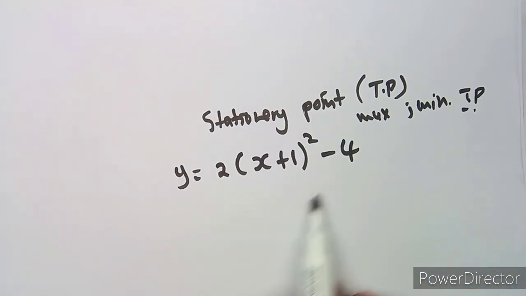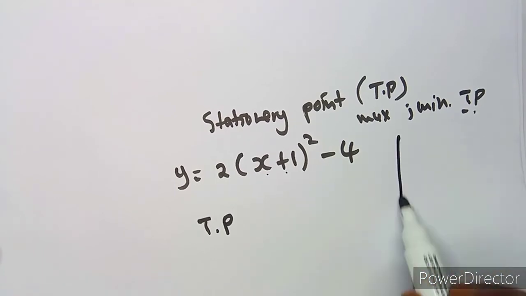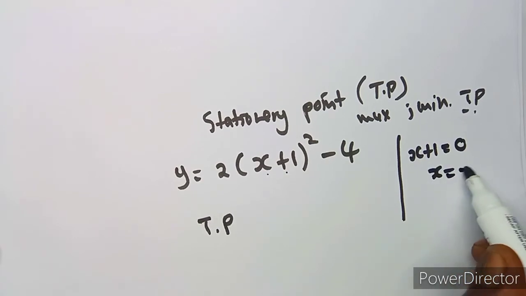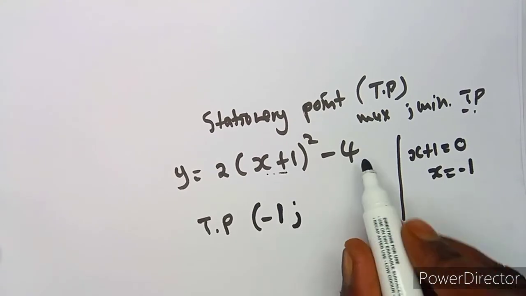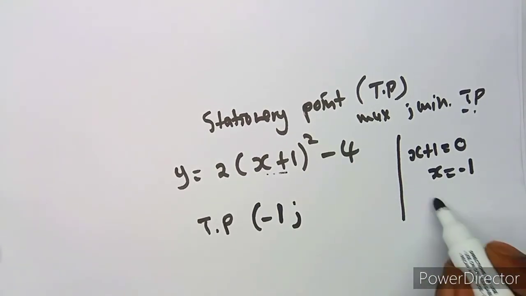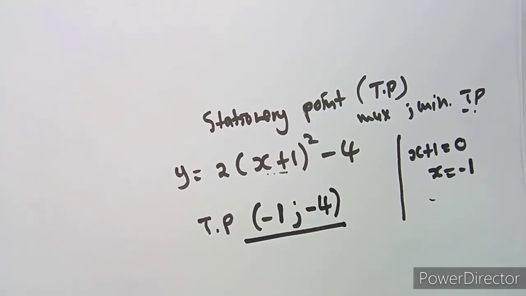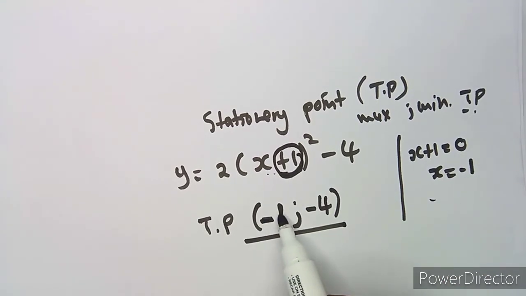By just looking at this format, you can state the turning point. If you don't understand, you just equate x + 1 to 0, so x is equal to −1, which means the value of x is −1, and the value of y is as it is. As you can see, it's not y minus 4, it's just minus 4. This one does not change. So this is your turning point. We don't know if it's a maximum or a minimum turning point. So you simply introduce a minus to the value of x, and the value of y remains as it is. That's your turning point.